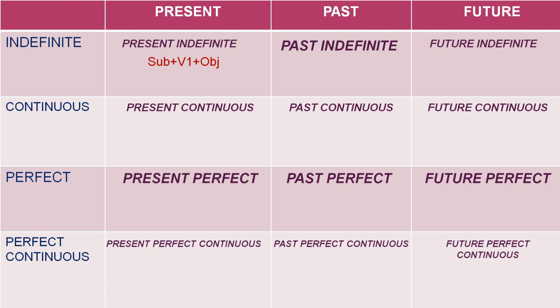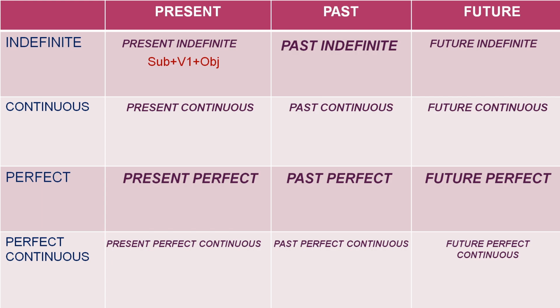Here V1 refers to the first form of the verb. So in this case, we have to remember the three forms of verb. What are the three forms of verb? Present form, past form and past participle form. So V1 is called present form, V2 is past form and V3 is past participle form.